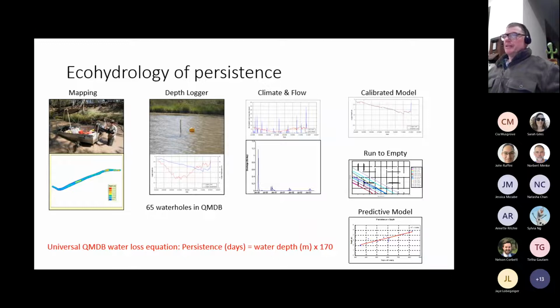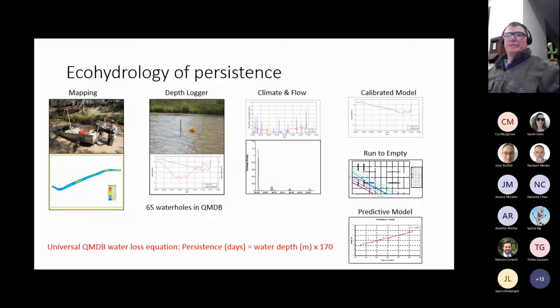So once we have a calibrated model, we can then turn off all the inputs and run it to empty and estimate how long it will retain water. We've done that for these 65, possibly even more by now, waterholes, and come up with a strong relationship between depth at cease to flow and persistence time.